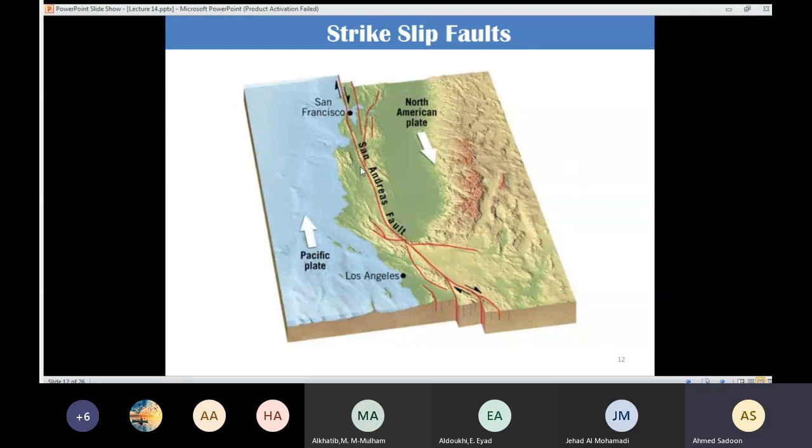Like you can see here in the San Andreas fault, we are going to witness a lot of relative movement. And many rivers are going to change their direction because of the San Andreas fault, because the distance between the branches is going to be shifted.